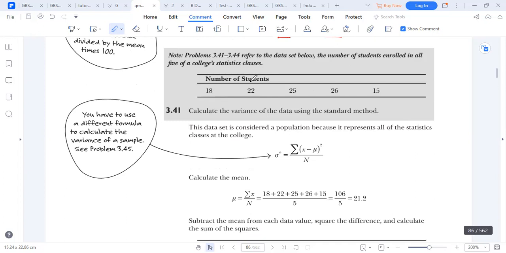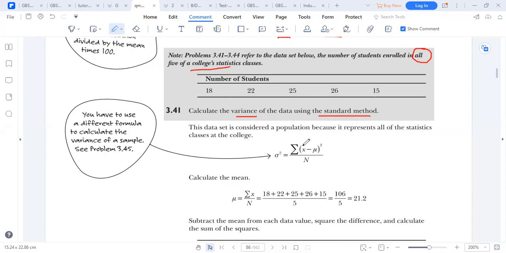We are given data here. This shows the number of students enrolled in all the 5 colleges. So that simply tells you that this is a population. So calculate the variance and the standard deviation, and somebody quickly makes an error by doing n minus 1.